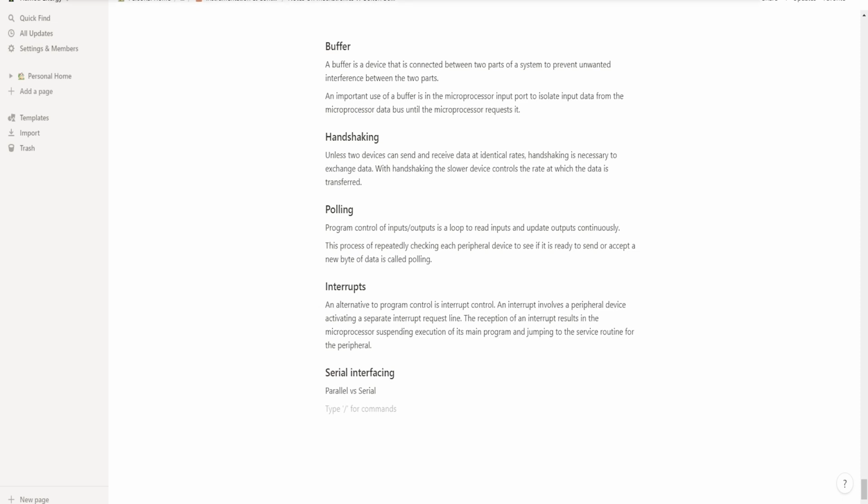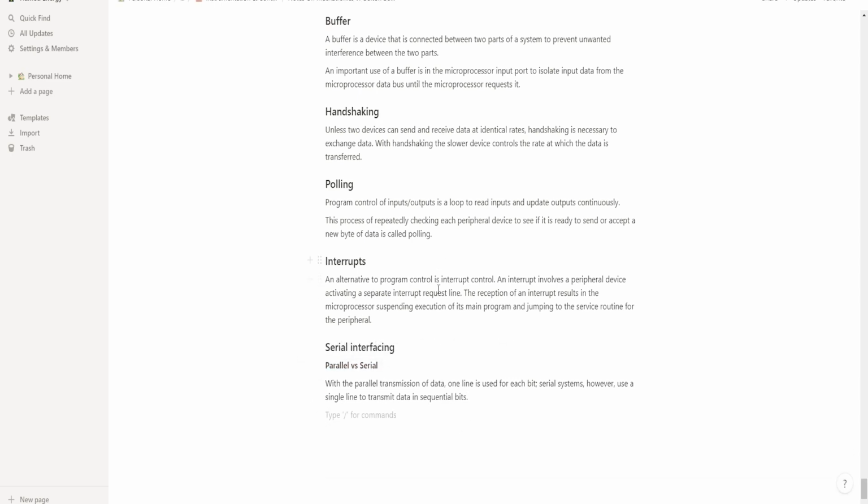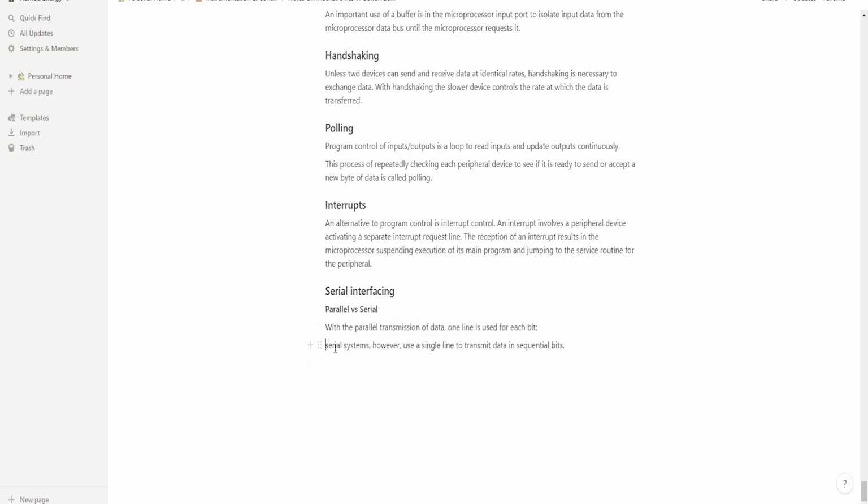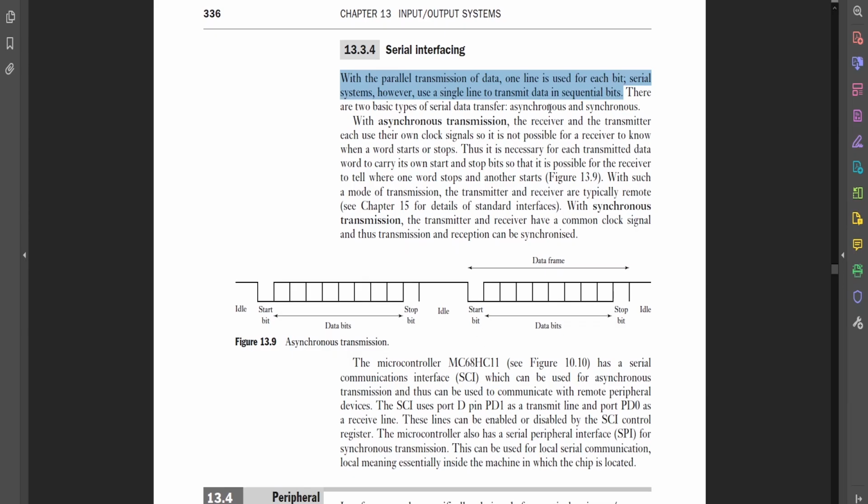Copy and paste that in there, and then down here, just put that. Serial, parallel. Okay. So then we've got there are two types.